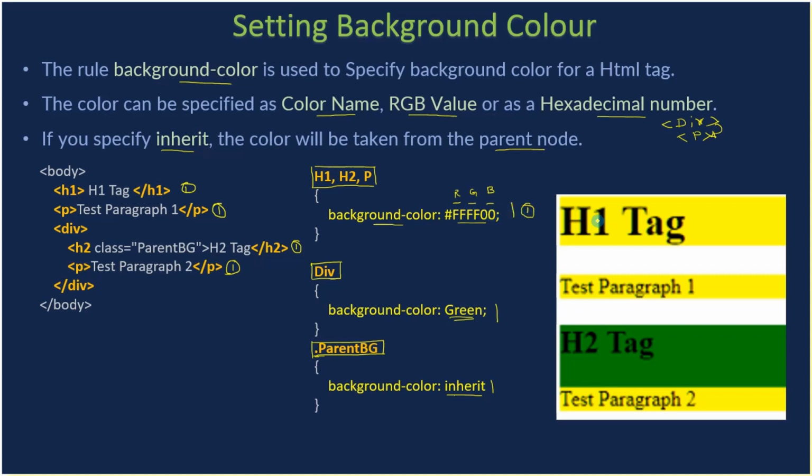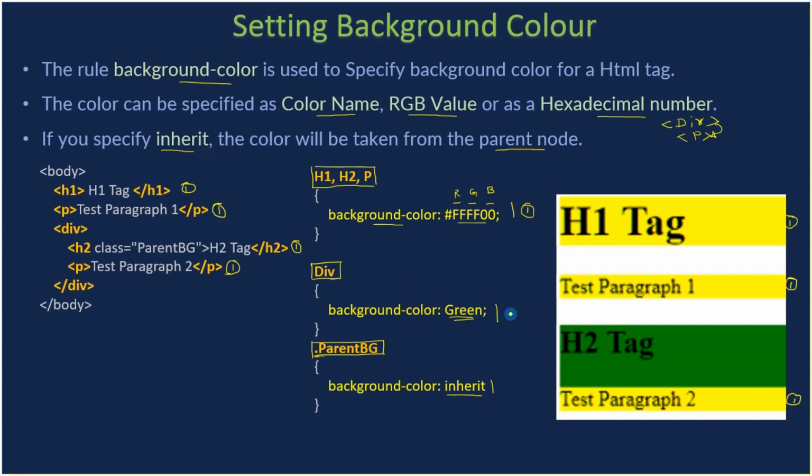So h1, rule 1 is applied here, and text paragraph rule 1 is applied here. h2 rule 1 is applied, but it is later overridden. We will see that. Then for text paragraph, rule 1 is applied, because the paragraph is here.